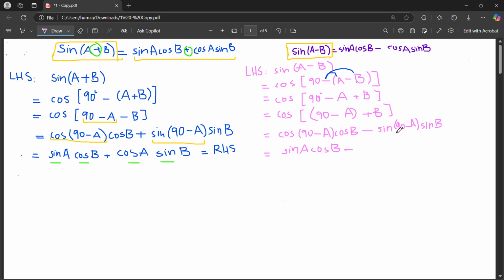So sin 90 minus A, again this is a co-ratio for cos A, times sin B. So hence proved that your left hand side is equal to your right hand side, and so sin A minus B is equal to sin A cos B minus cos A sin B. So these are the compound angles.